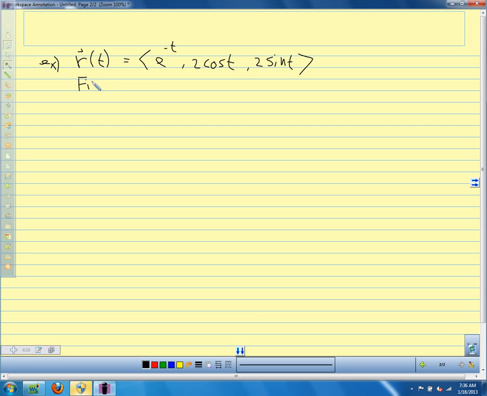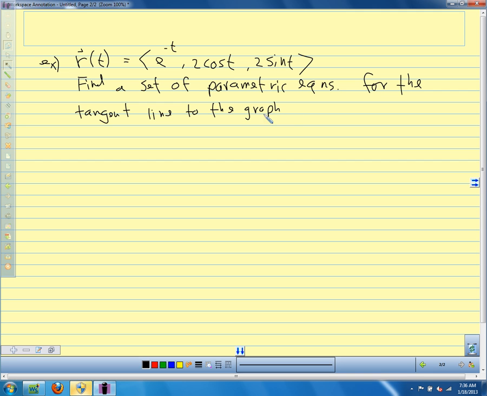So we want to find a set of parametric equations for the tangent line to the graph at t0 equals 0. And then we want to use that to approximate our position at 0.1.